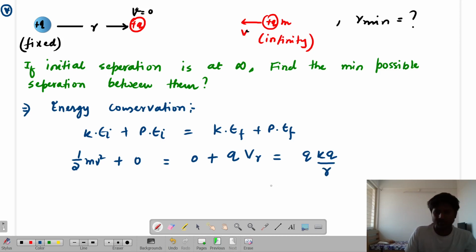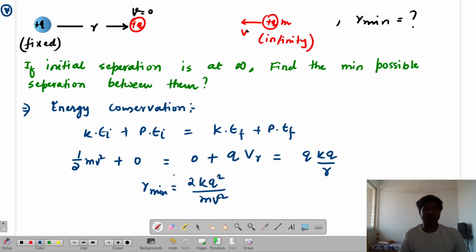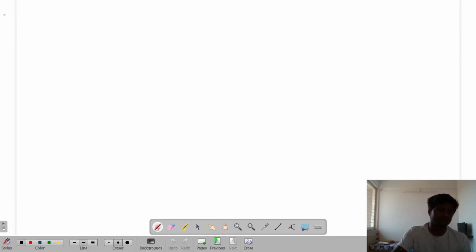So v is equal to root under twice kq square by mr. It is asking for r minimum, so r minimum is twice kq square by mv square. That's my answer. Okay, let us do this same problem, but this time, let's suppose I have the charge plus q.